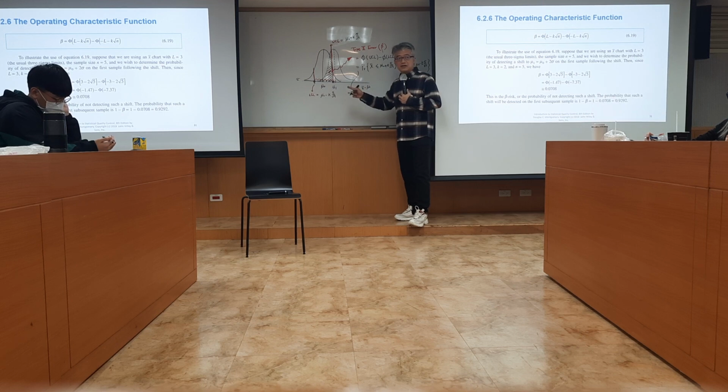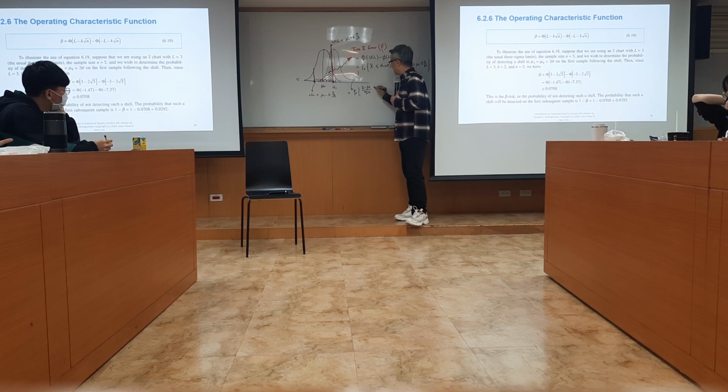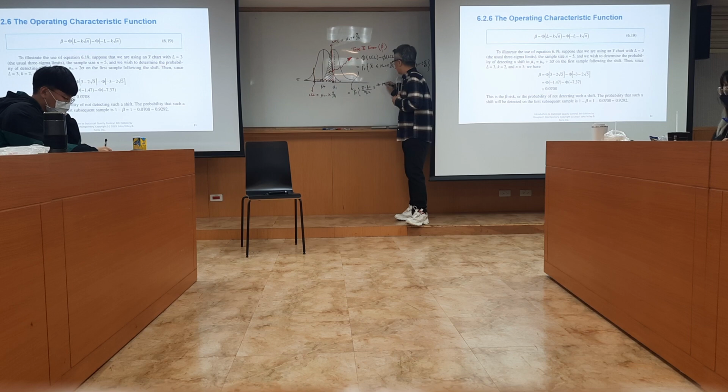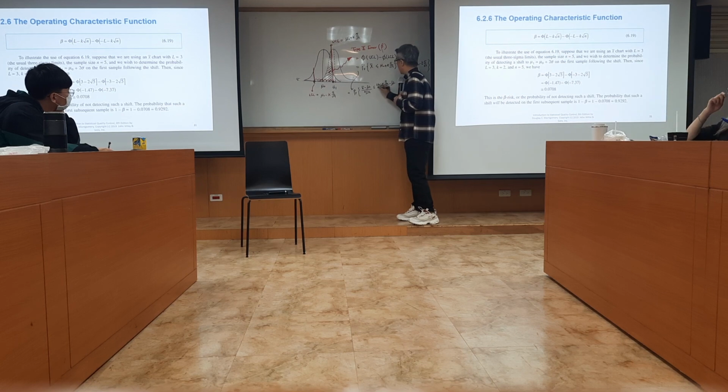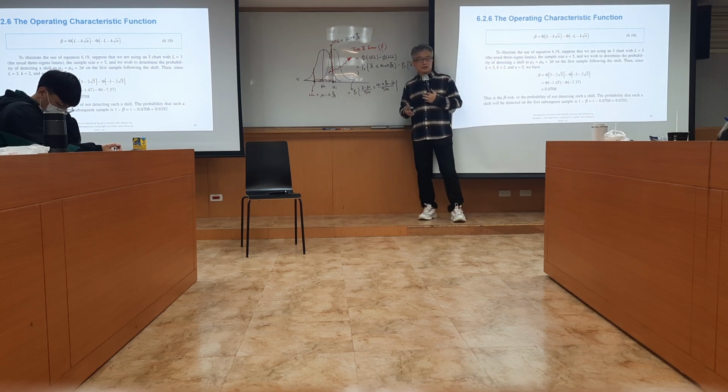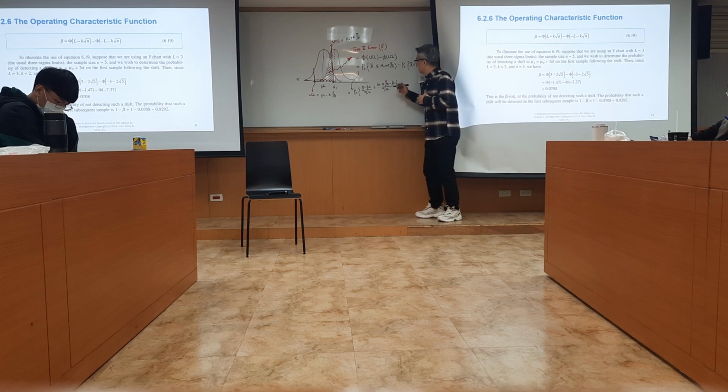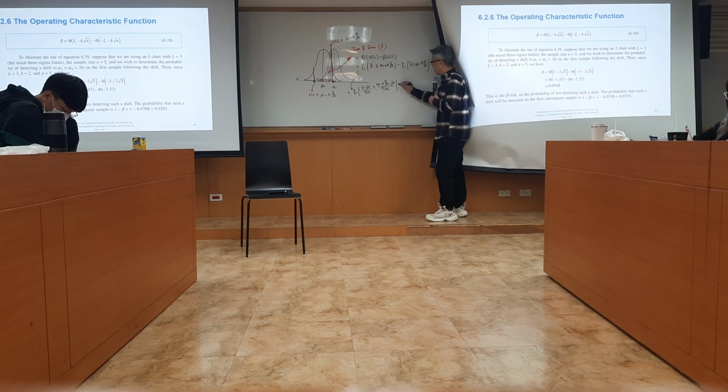No. Less than mu plus k sigma over square root of n, minus mu1, divided by sigma over square root of n. This is a normalization process: minus mean, divided by standard deviation.